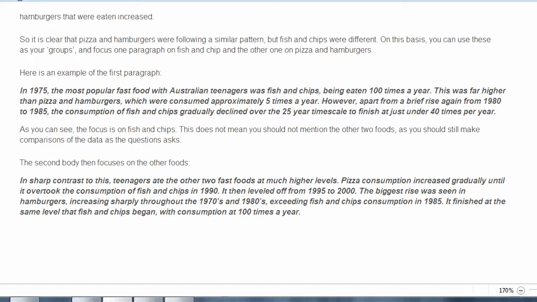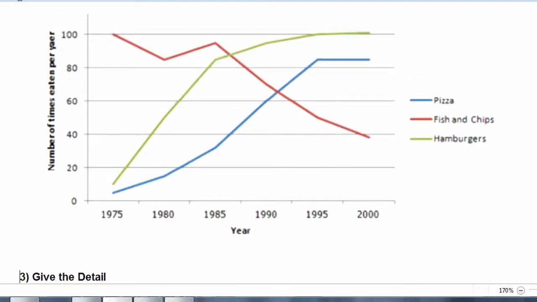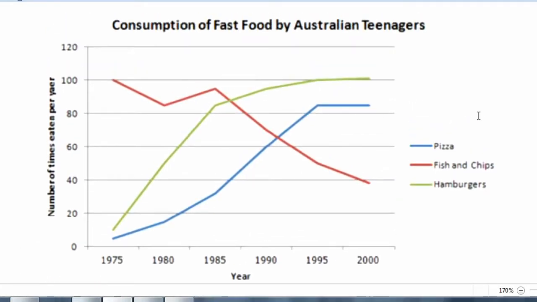After that, you're going for the overview, which is the general detail about the trend of the graph or chart. And step number 3 is giving the details about the graph and charts, what is actually going on, and how they are competing with each other. So that's how we are doing it, and I guess this example would be helpful. Thank you very much.